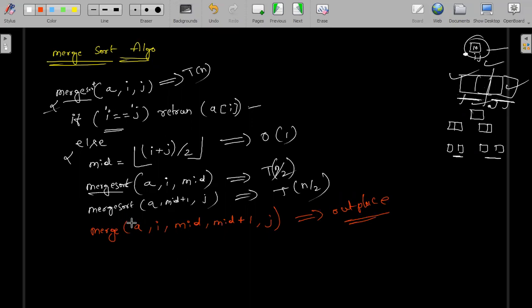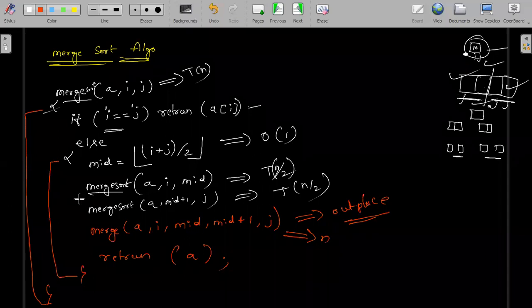That's why it is out-of-place. Again, the execution time is n. Finally, what will it return? A, nothing but the array. Okay, the algorithm is complete. That's it, over. The else part is over. Very simple.